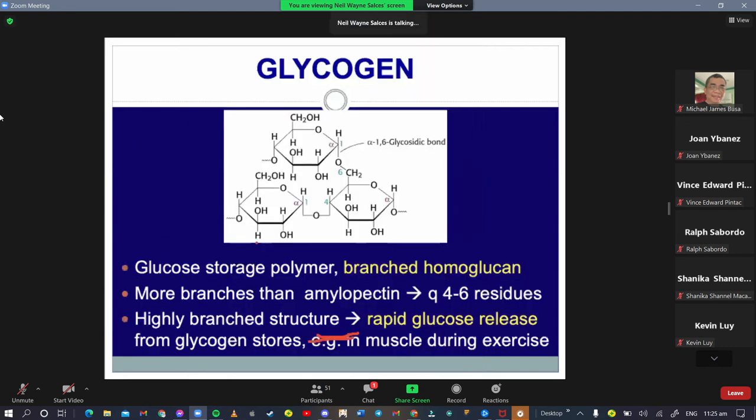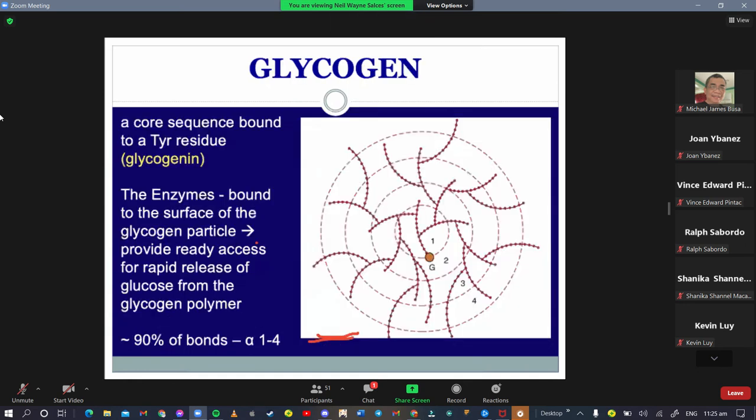So know that your glycogen storage polymer is a branched homoglucan, and more branches are seen here than in your amylopectin. This highly branched structure is responsible for the rapid glucose release from your glycogen store, most especially in the muscle during exercise.